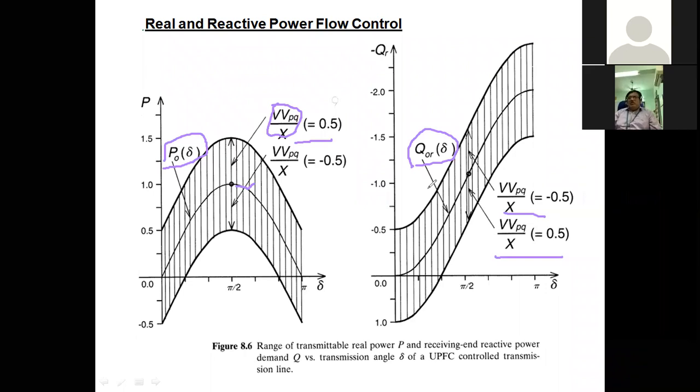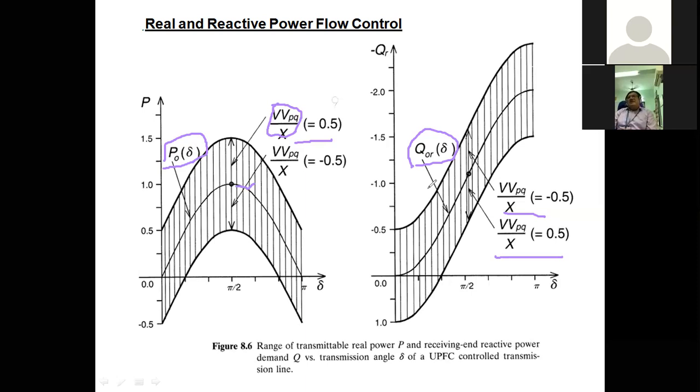So we use this in the transmission line to control the real and reactive power, by injecting a voltage in series with the transmission line. This is done mainly by converter 2. The main function of the UPFC is done by converter 2, whereas converter 1 either supplies the real power required by converter 2, or independently controls the reactive power at that particular node.